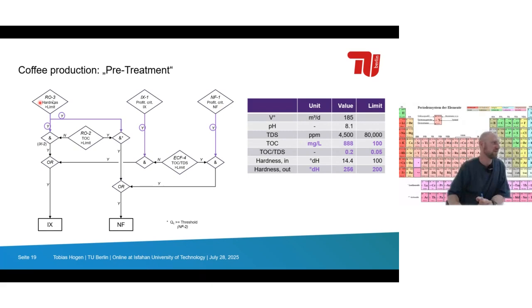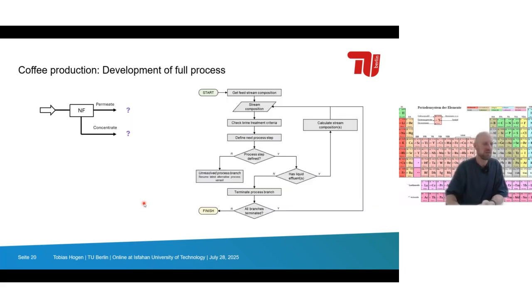On the one hand, hardness is higher than the limit, organics is higher than the limit, and step by step we can fill out all our criteria and get a technology proposal for our first treatment step. So the first treatment step for our coffee production wastewater is defined: nanofiltration.